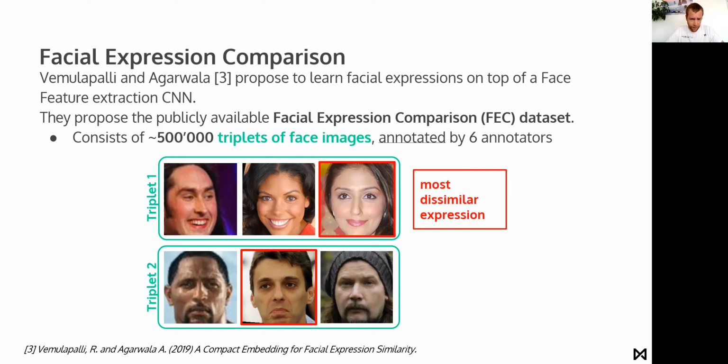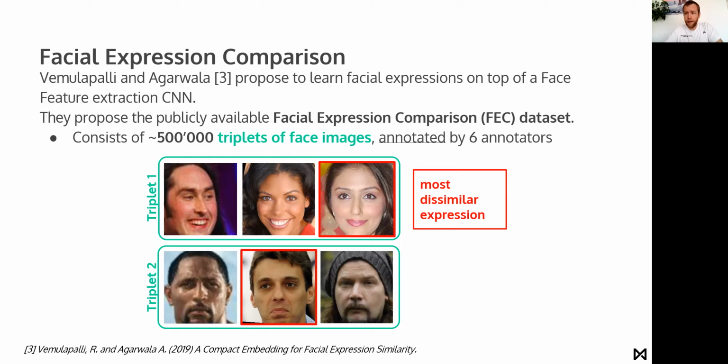As you can see in triplet 1, all 3 faces are smiling, but in the 2 on the left, the smile is a bit bigger than in the one on the right. So the one on the right would probably be marked as the most dissimilar expression.